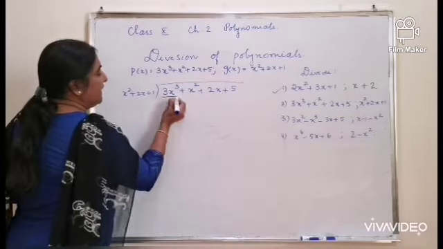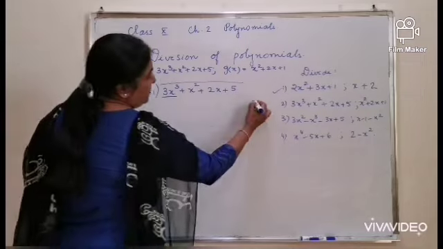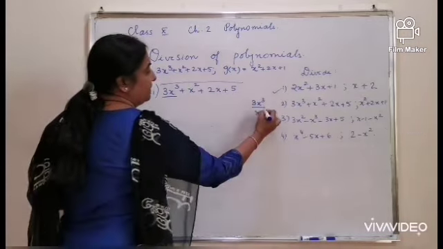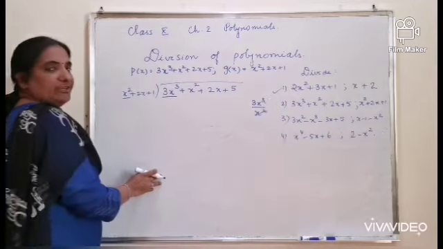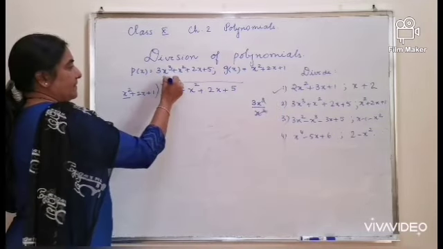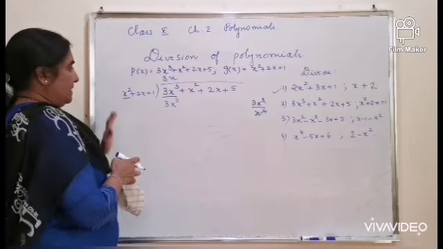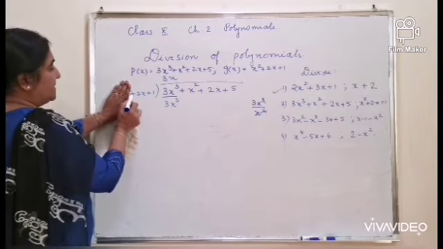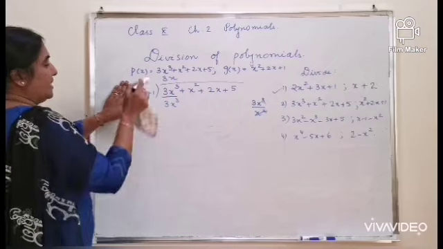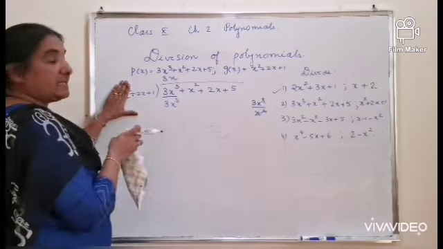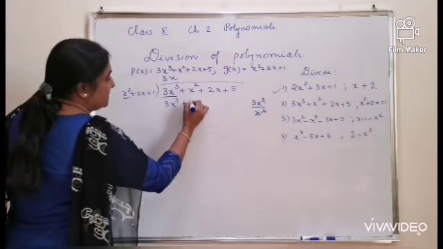To get the first term, 3x cubed divided by x squared gives you 3x. The first term you can write as such. From the second term onwards, plus 2x into 3x is 2 into 3, 6x squared, which will come here.